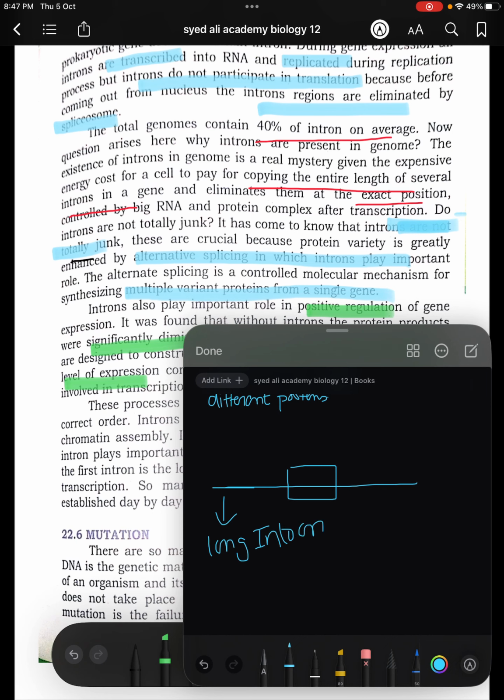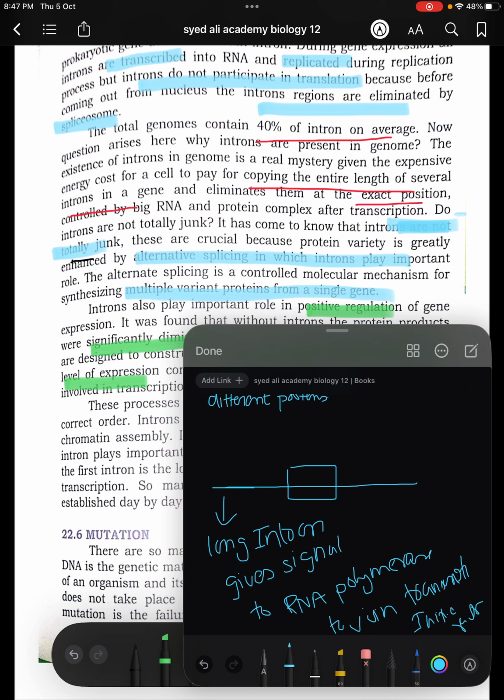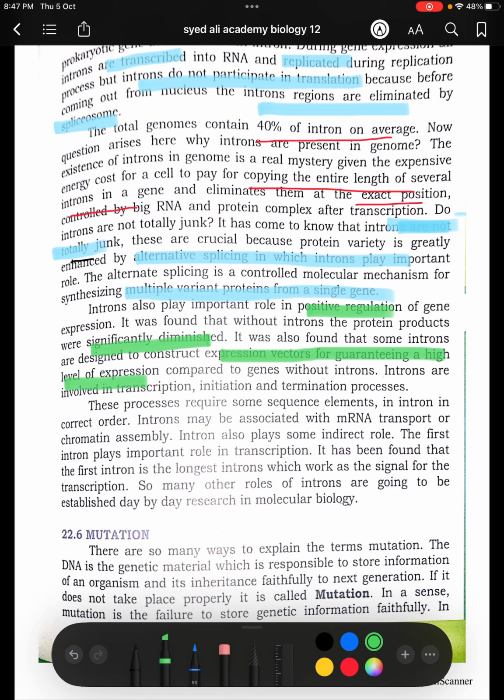This long intron gives a signal to the RNA polymerase to join the transcriptional initiation factors, right? So I hope this is also clear.